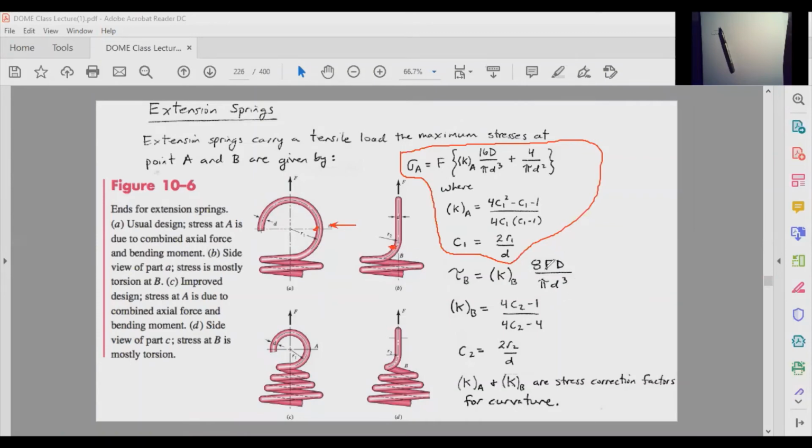Here we are going to have the shear stress that we calculated earlier, and in addition, it has KB. KB is going to be using this radius R2 in this case. R2 is different from R1, so make sure you are getting that.